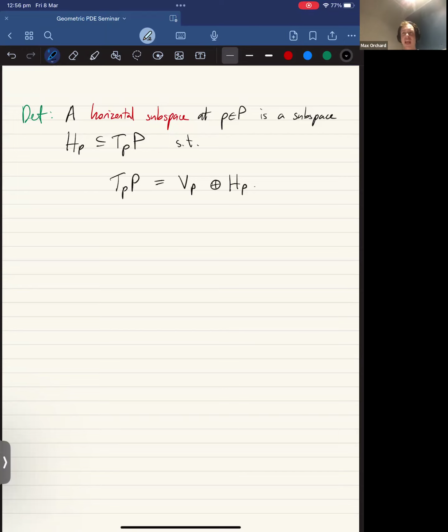So this is a way to define a perpendicular direction. Now, in general, there are actually infinitely many choices of a horizontal subspace at any given point, if we don't have any sort of other structure.